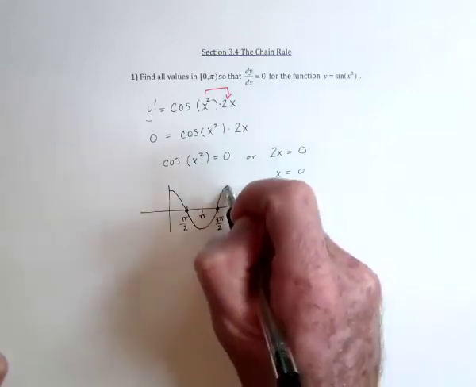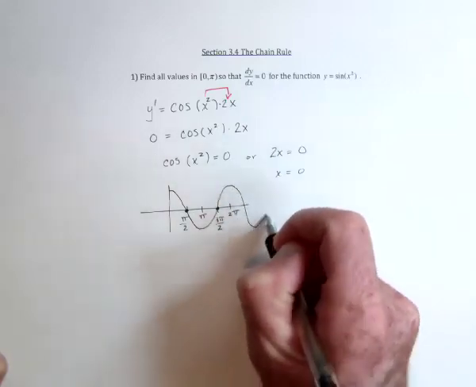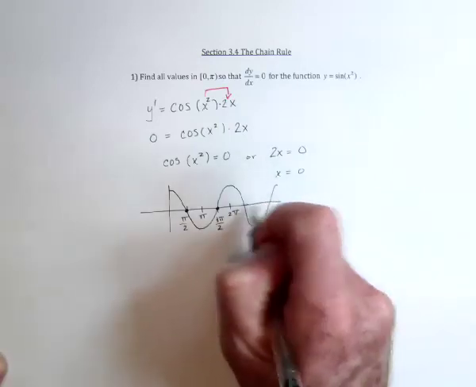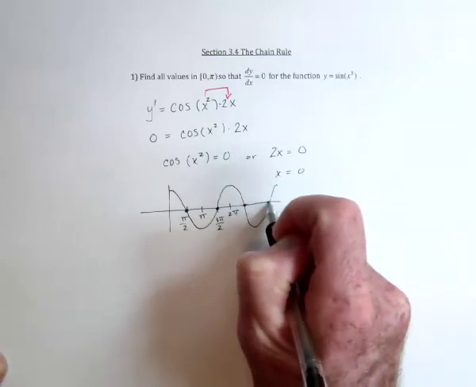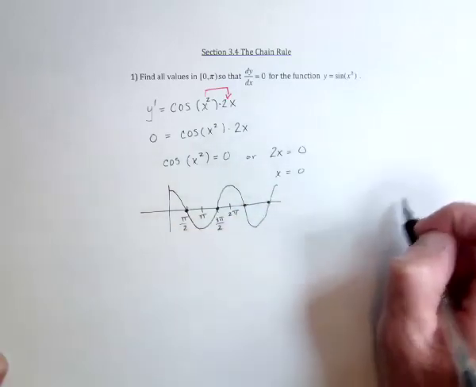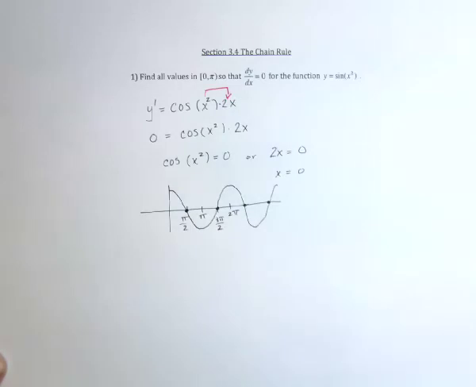Now if we followed cosine out another cycle, we could get even more solutions. So we could get two more solutions by going out here, and then we could get two more, and two more, and two more, and two more.